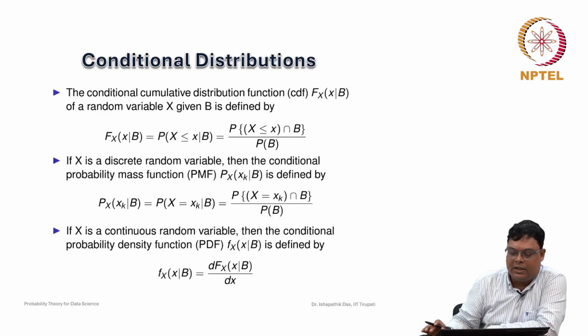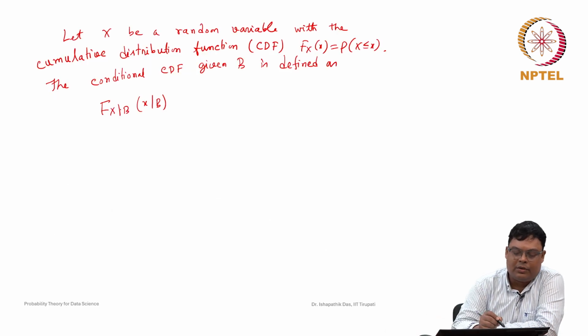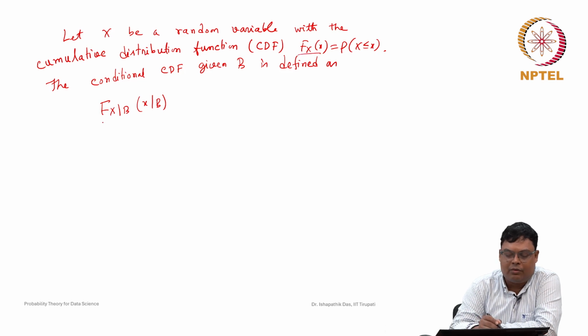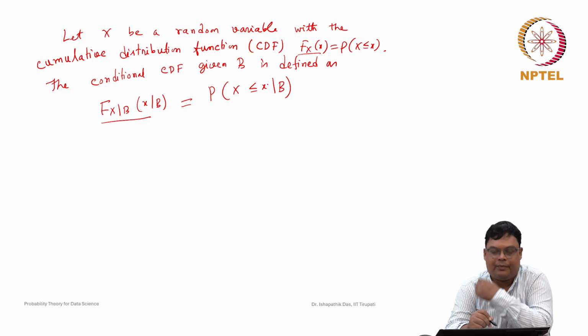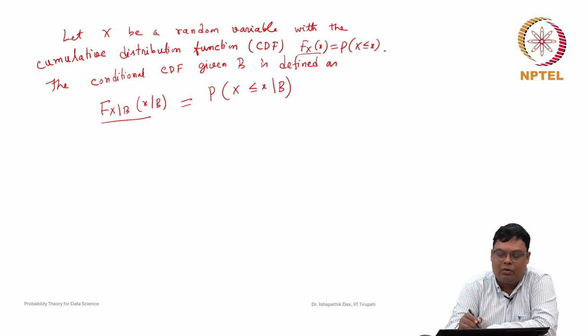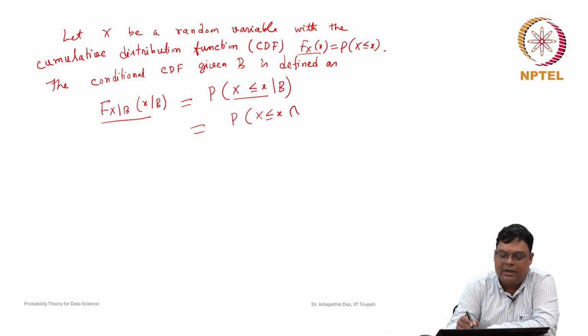Here you can see that the notation is F_X of x given B, because this function and that function will be different, so we can name it x given B. This is nothing but the probability that X is less than or equal to x given an event B, if B is any event. Now, this conditional probability can be defined as the probability of X less than or equal to x intersection B, divided by the probability of B, provided here it is assumed that the probability of B is not equal to 0.